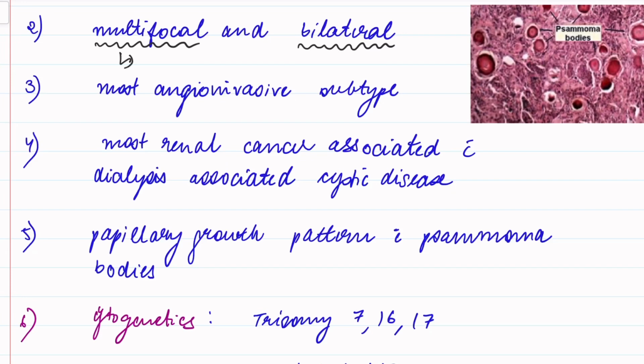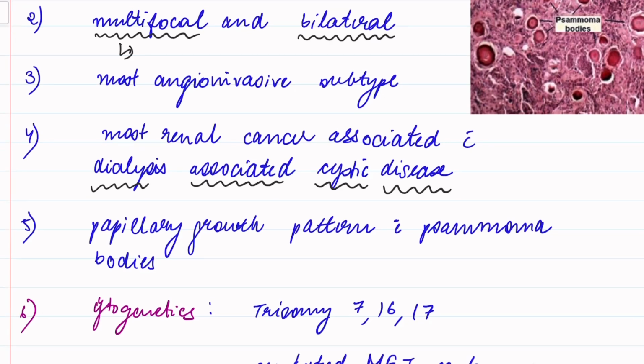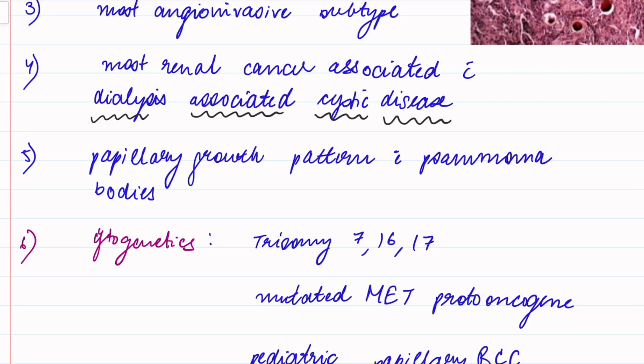Most papillary type renal cell carcinomas are associated with dialysis associated cystic disease. So you have to remember that dialysis associated cystic disease can be associated with papillary type of renal cell carcinoma. There is a papillary growth pattern with psammoma bodies.